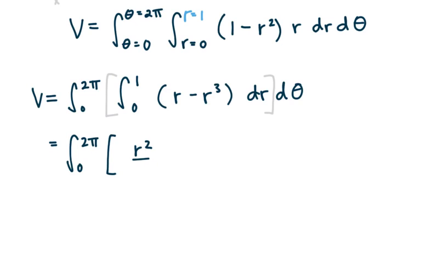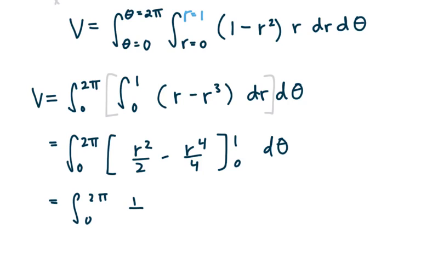So working on the inside and using the power rule to integrate with respect to r, I have r squared over 2 minus r to the 4th over 4, evaluated from 0 to 1. Plugging in 0 doesn't matter. I'm going to get 1/2 minus 1/4, which is positive 1/4. So I have the integral from 0 to 2 pi of 1/4 d theta.